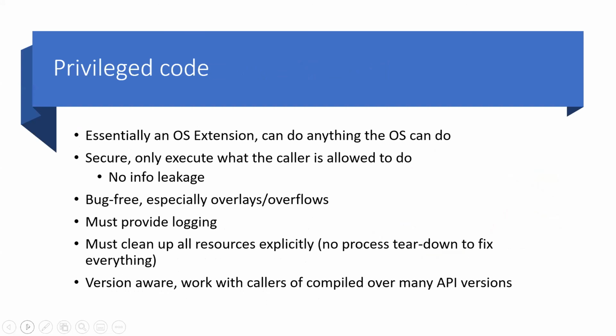You have to clean up because you're just not going to shut down that process and get the process teardown to fix up everything you do. You have to deal with multiple versions. Writing privileged code is much more strenuous than writing a one-off user application or a single end-to-end batch job that just runs and shuts itself down.